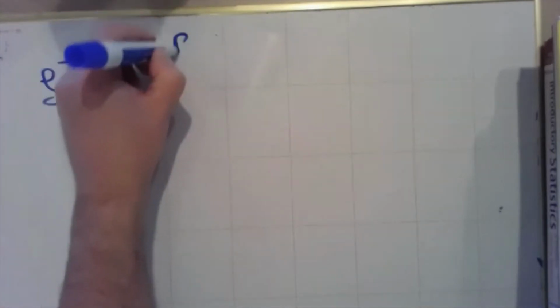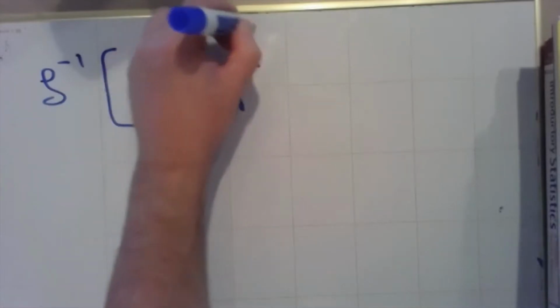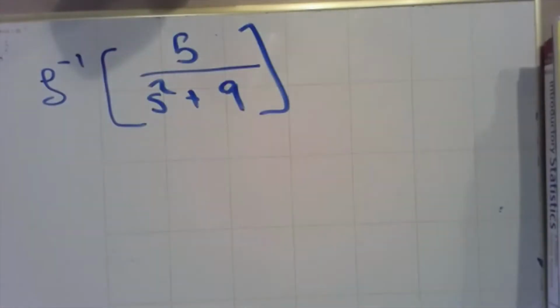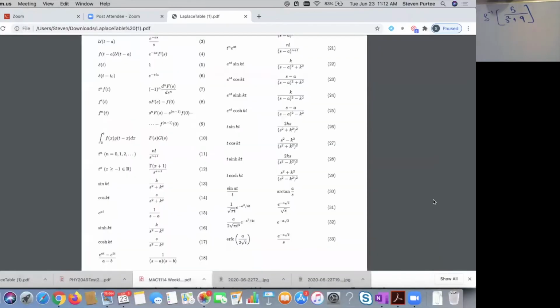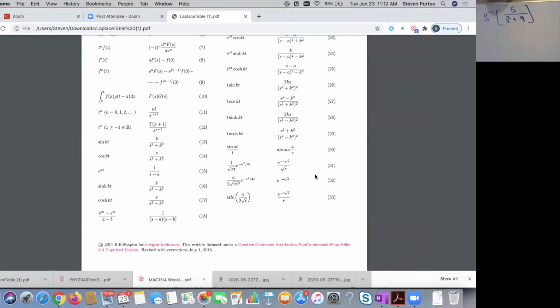But what if we had a harder one? What if we wanted, say, the inverse Laplace transform of 5 over s squared plus 9? Well, we look at our table and find the closest we can find to that. So that looks like this one.